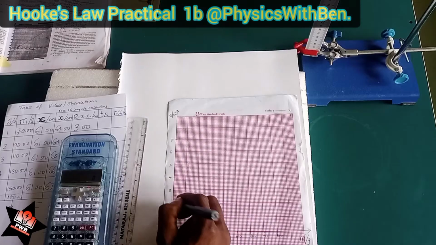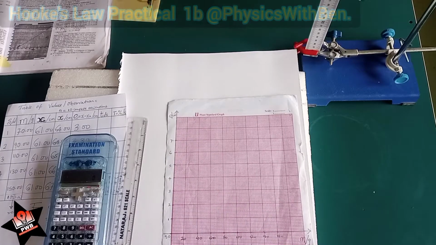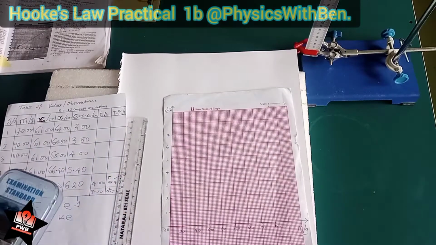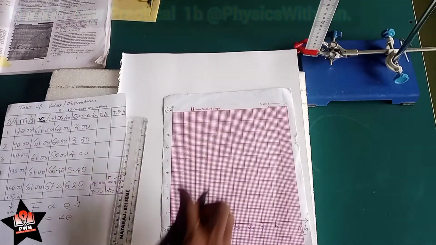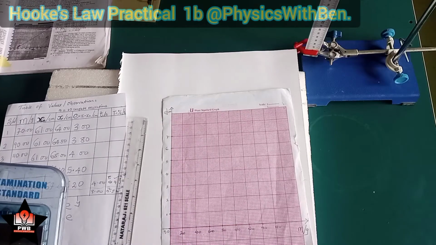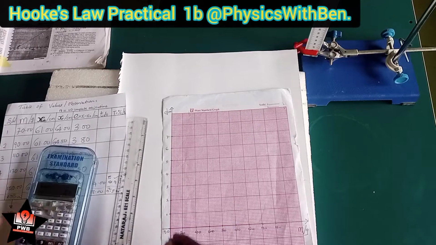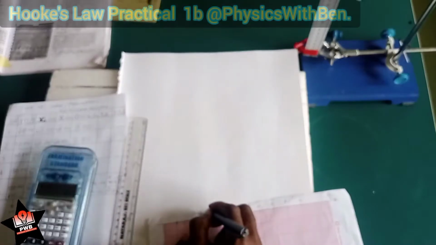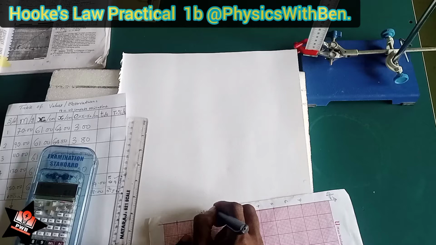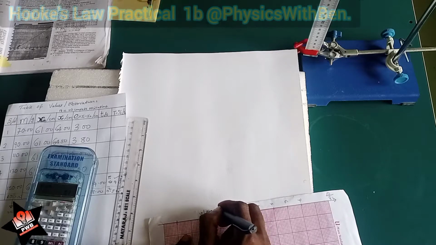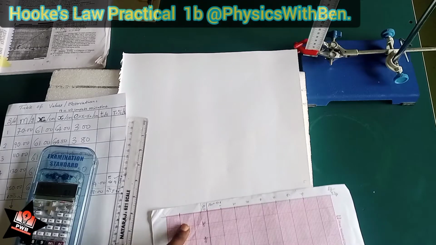So the next thing we are going to do is to find the value for each small box. For this we have 1 divided by 10. The value for each small box here is 1 divided by 10, and that is 0.1.